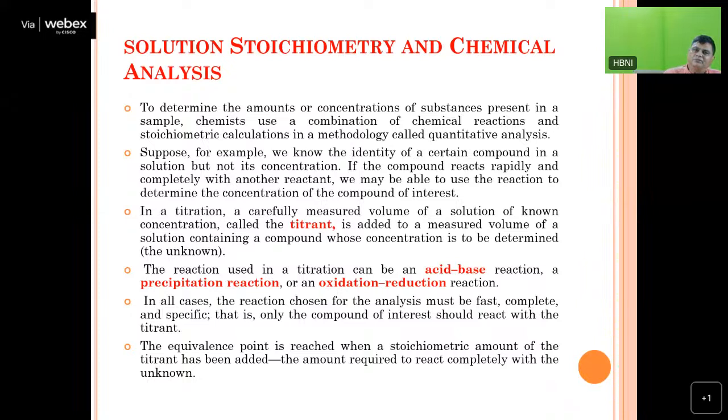In all cases, whatever reaction you choose for the analysis should be fast, complete, and specific, so that only the compound of interest reacts with the titrant. During the course of the titration, the equivalence point is reached when a stoichiometric amount of the titrant has been added to react with the unknown.